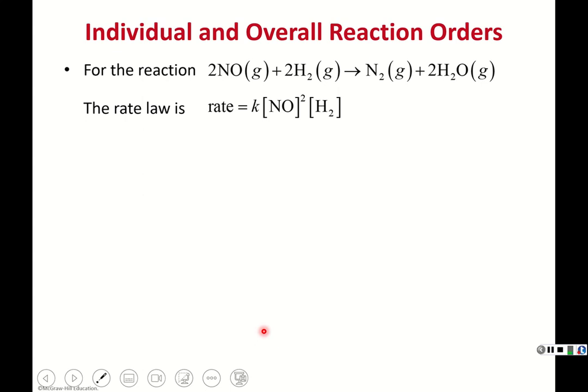Now if we look at this reaction, 2NO plus 2H2 goes to N2 plus 2H2O, the rate law, experimentally determined, is rate equals K times NO to the second power times H2.